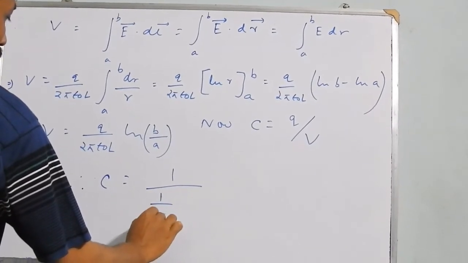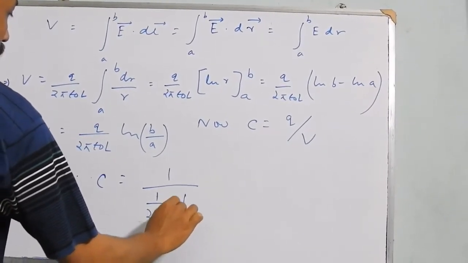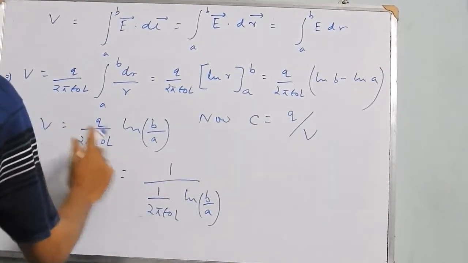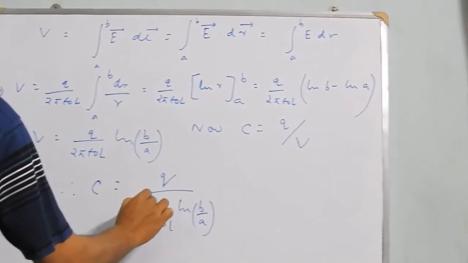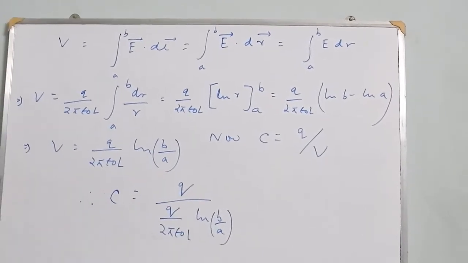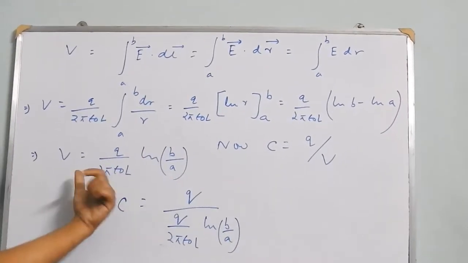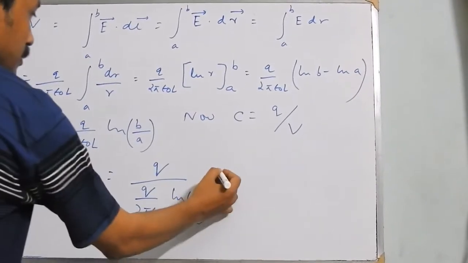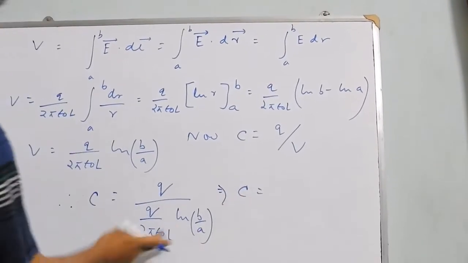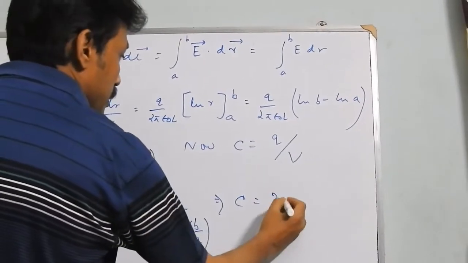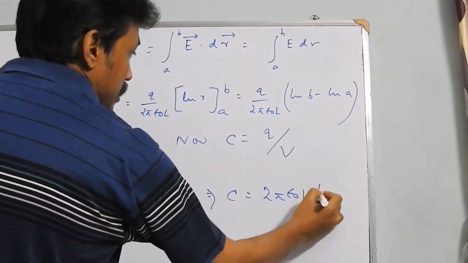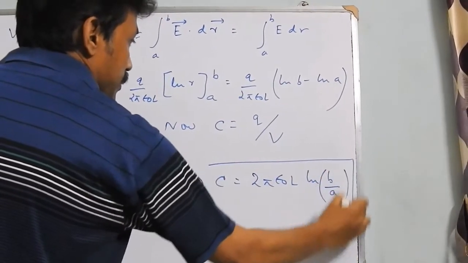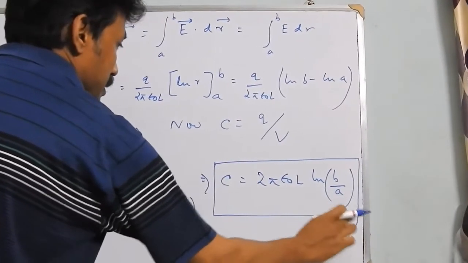Let me again write it: C is q by V, where V is this one. So q cancels out. So this implies C equal to 2 pi epsilon 0 L in the numerator, ln b by a. This is the expression for the capacitance of a cylindrical capacitor.